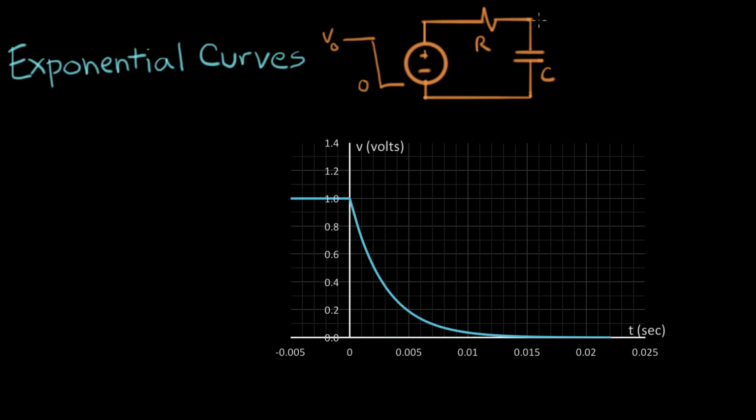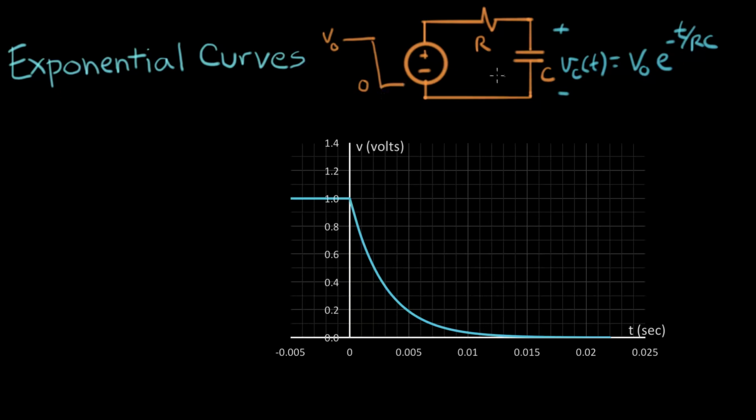We worked out that the voltage across here, V of t on the capacitor, is equal to V naught times e to the minus t over RC. This value V naught is the starting voltage that our input source provides, and then it immediately steps down to 0, and this circuit then does its natural response.